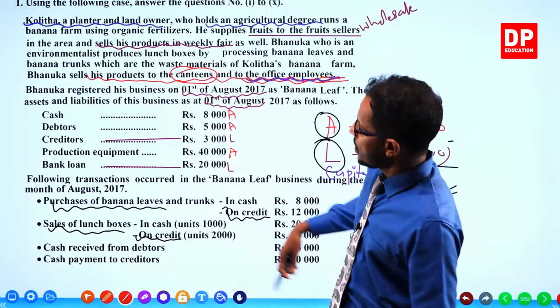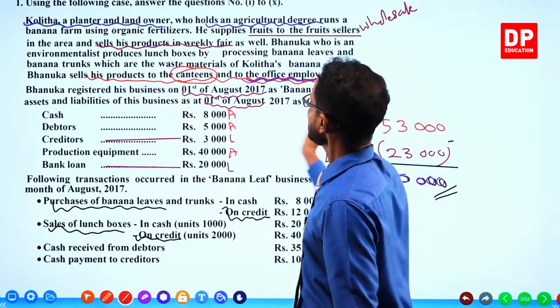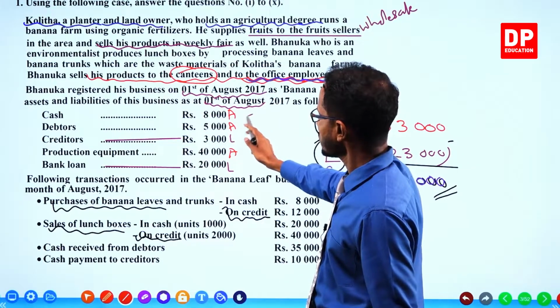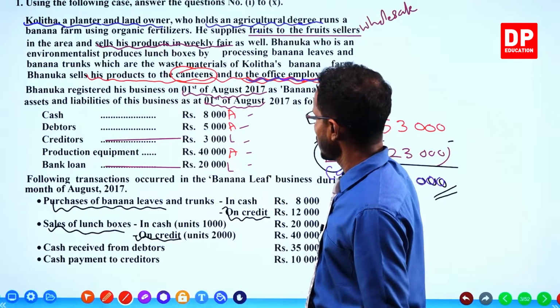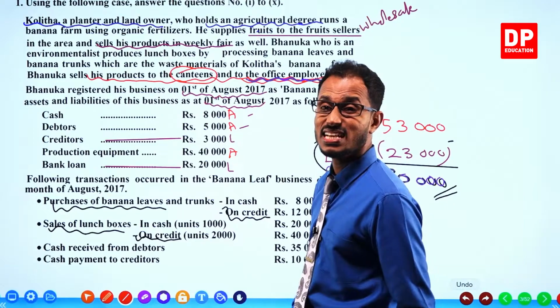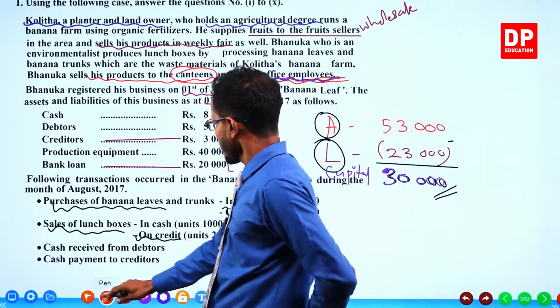Yeah. Bhanuka registered his business on first August, right? And assets and liabilities we already marked. That is not the case here. We have to find out production equipments. What production equipments are here?